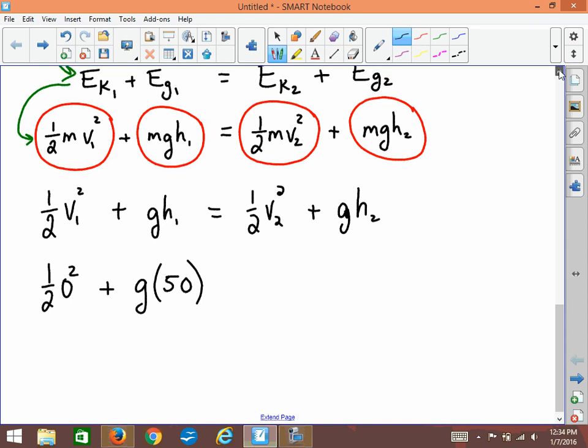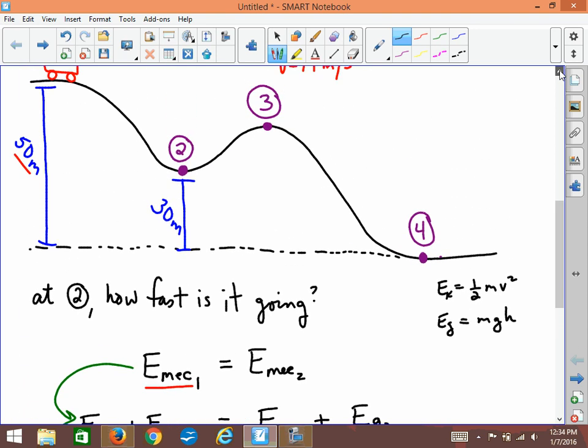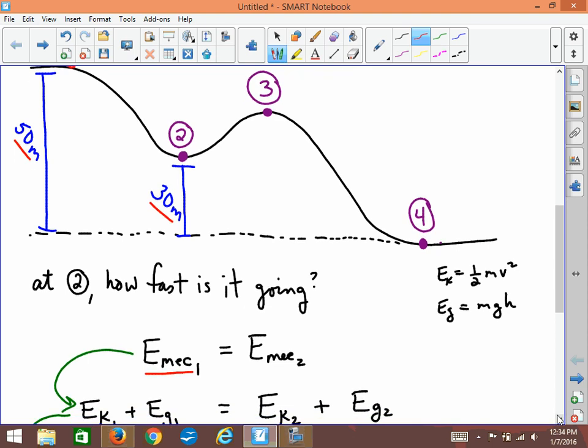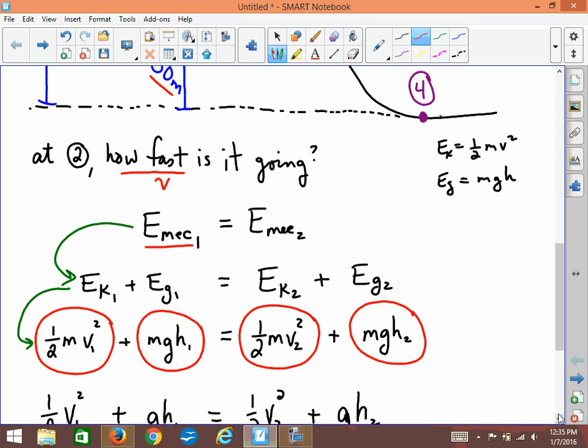Let's see if there's anything for position 2 that we can fill in. Position 2, we know the height is 30 meters. So I can fill that in. Now that's all we know. We don't know anything about the speed, but remember, that's what the question was asking. The question is asking for v. So we have h. So we're going to move down here.